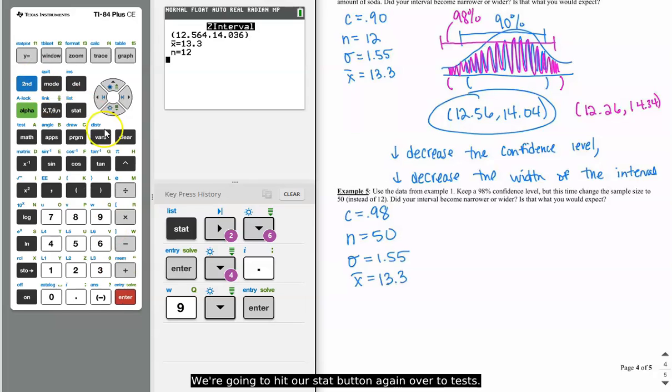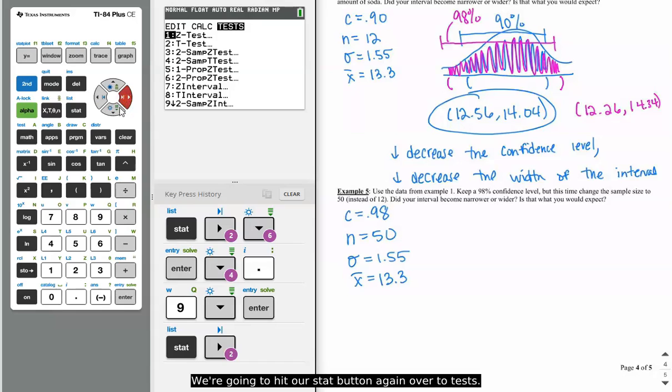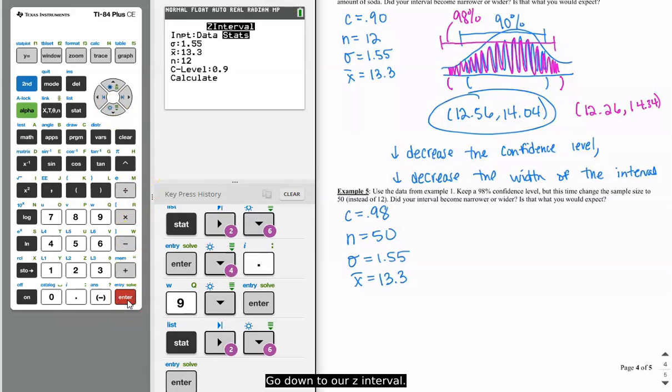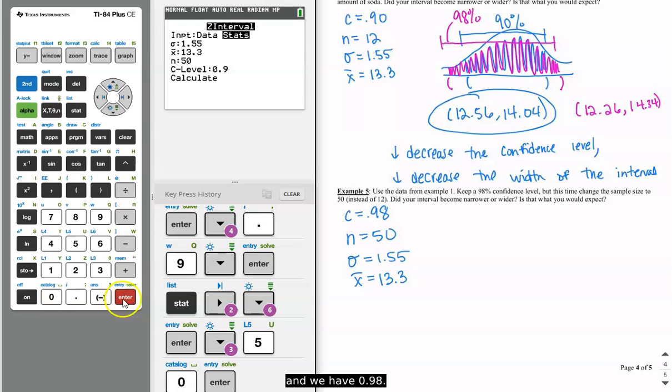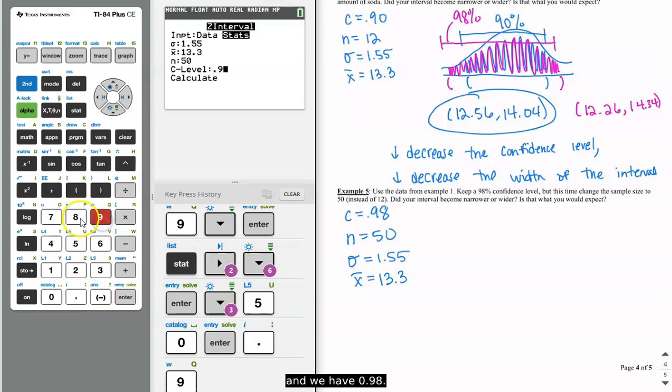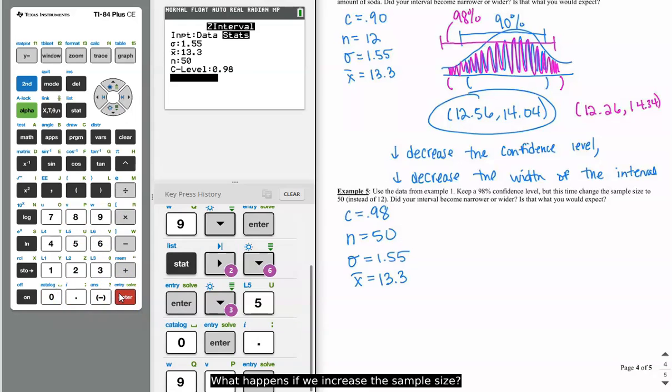Okay, so we're going to hit our stat button again, over to tests, go down to our Z interval. Our stats are the same, so you'll notice we have now 50, and we have 0.98. Okay, so what happens if we increase the sample size? I will write this one in blue: 12.79 to 13.81.